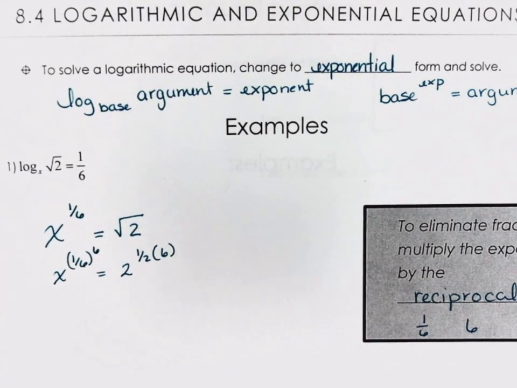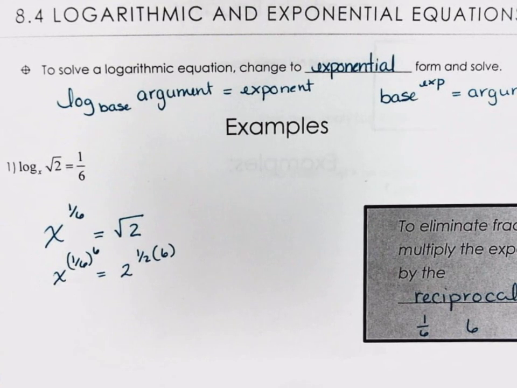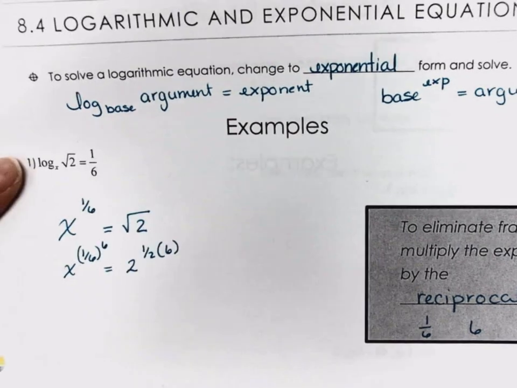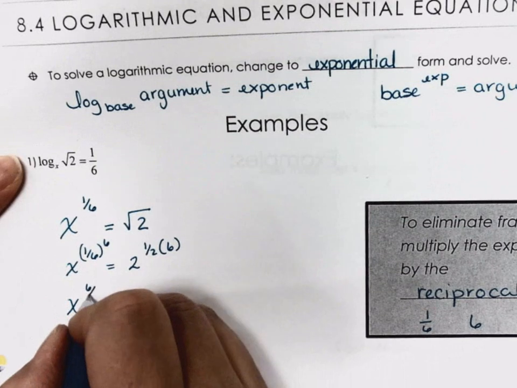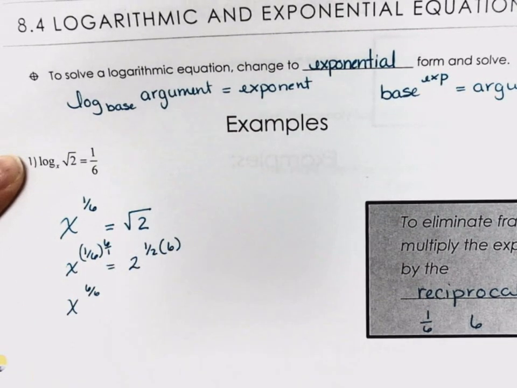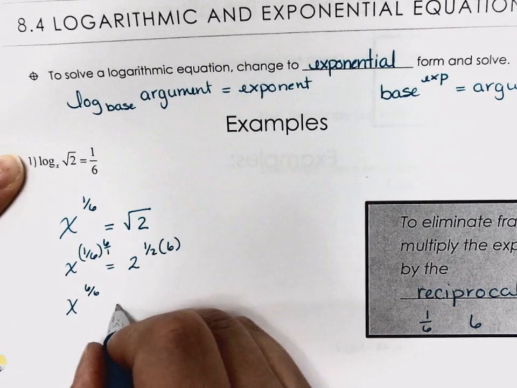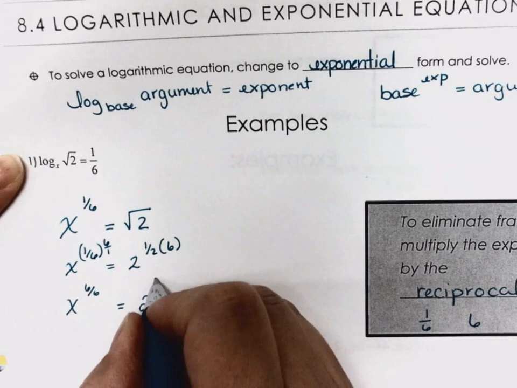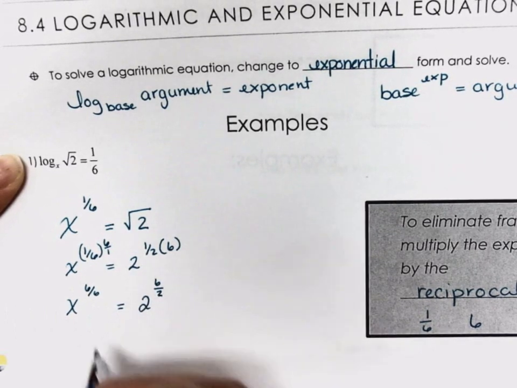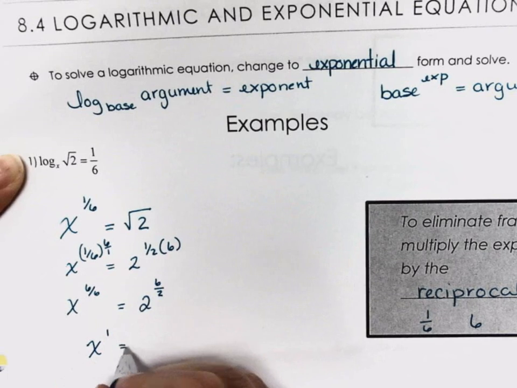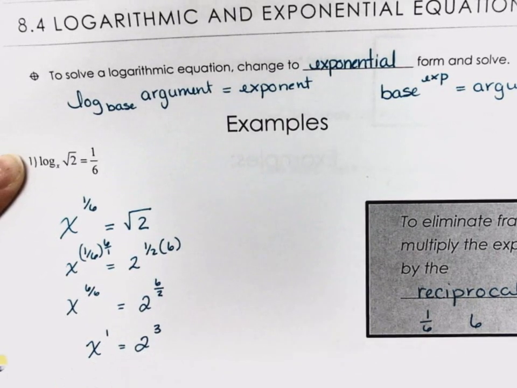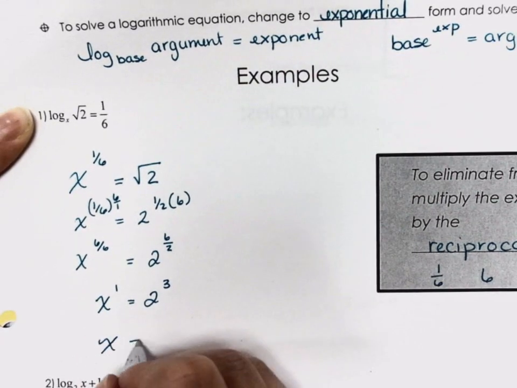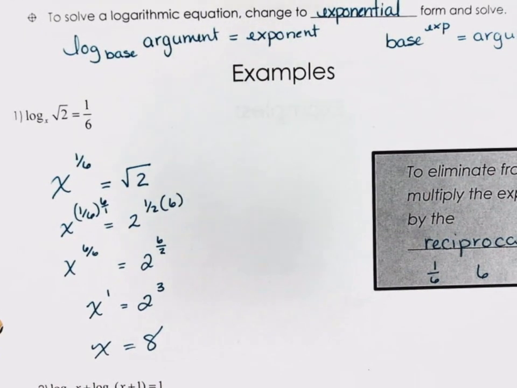So 1/6 multiplied by 6 is going to be just 1, right? That's the purpose of getting rid of it. So that would be 6 over 1. Multiply the fractions. And this would be 2 to the 6 over 2. So we have x to the exponent 1 equals 2 to the exponent 3. So x is equal to 8.